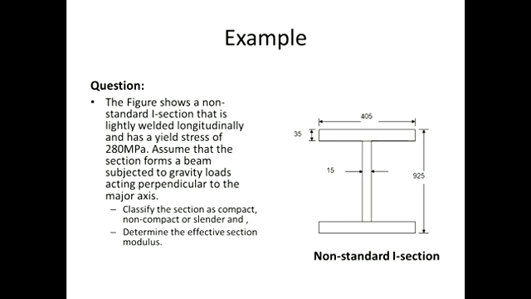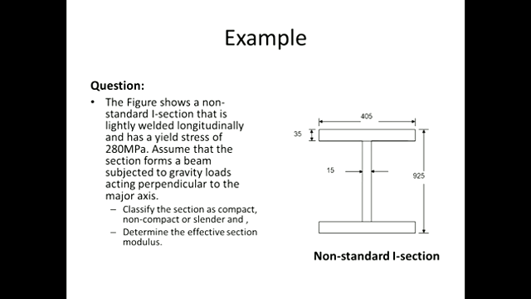So I said earlier on, if this wasn't stated, and in the absence of us knowing the residual stress, then we have to assume that the section is heavily welded, because that's going to give us a conservative approach. So we are given the yield stress, and we are also given the fact that the beam is subjected to gravity loads.